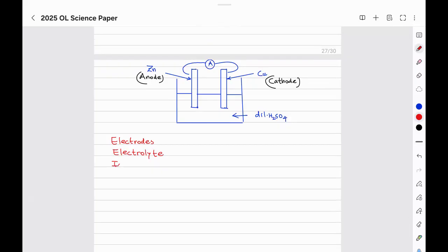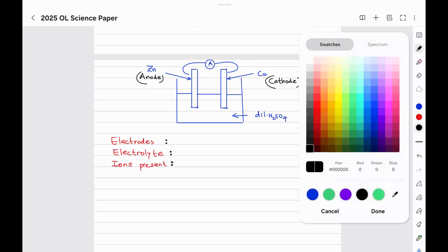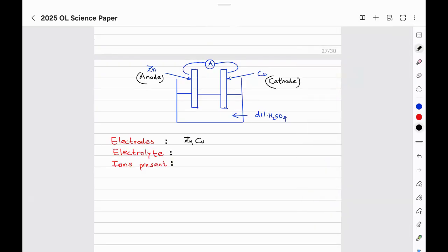And ions present in the solution. We have a zinc electrode, copper electrode, and the electrolyte is diluted sulfuric acid. H plus, OH minus and sulfate.